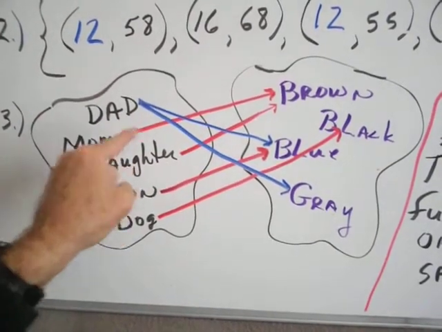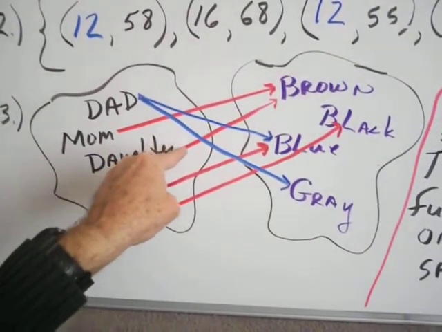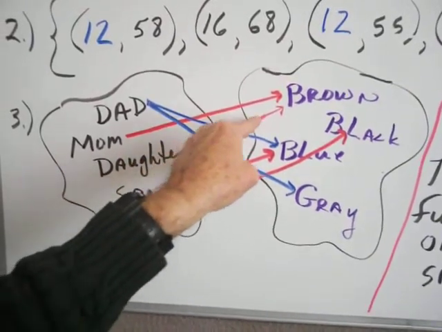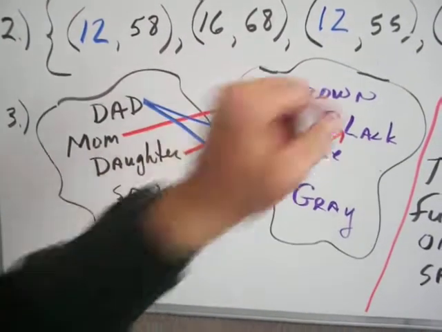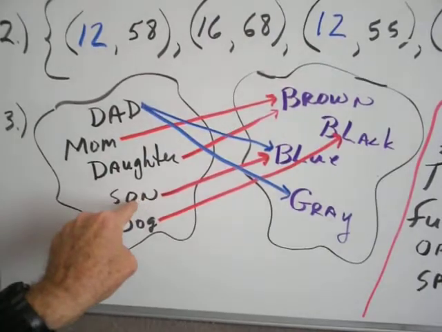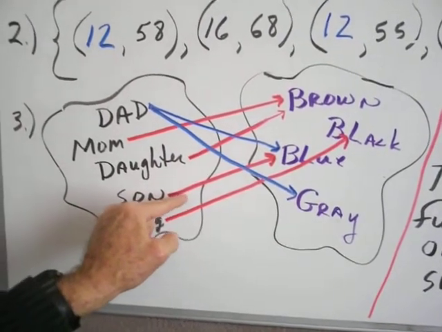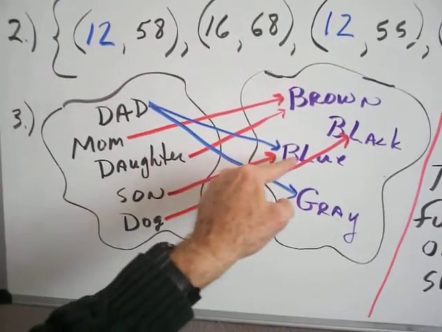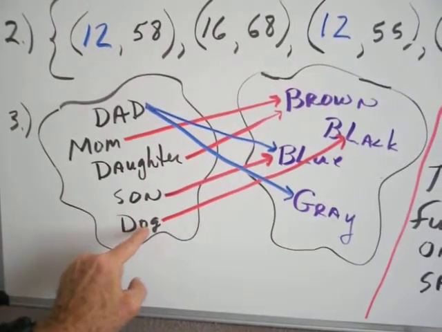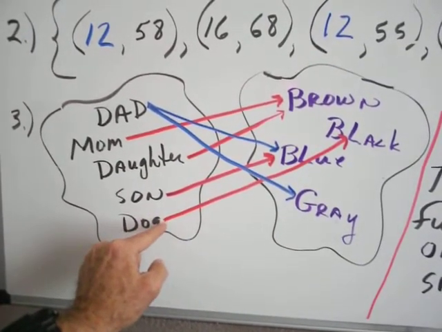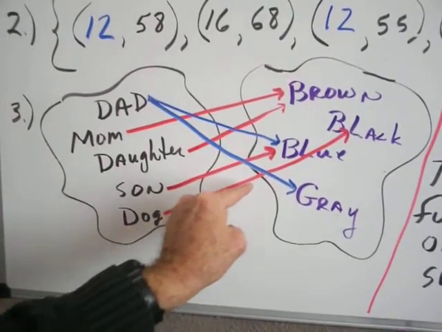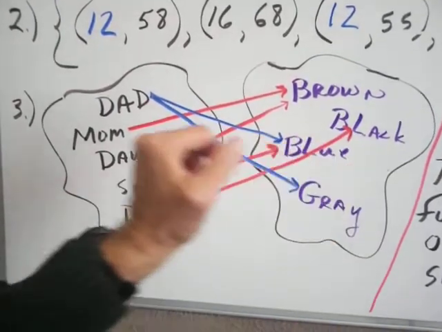Daughter. She corresponds to at least one eye color. She corresponds to brown. Son, the domain, corresponds to at least one eye color. Yes, he does, blue. Dog corresponds to at least one eye color, black.